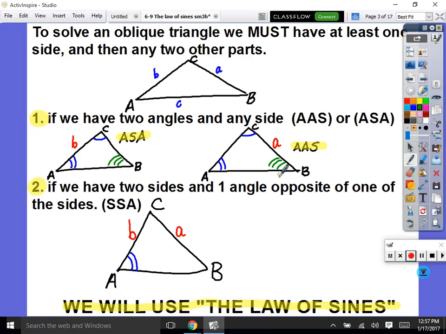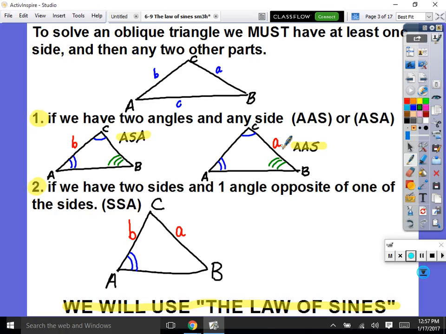Just notice, if I didn't put that green mark there, if we were given the blue and the red thing, that would be in the order of angle, side, angle. But the rule is, if you're given two angles and any side, you can use the law of sines. Now, just a note, this is angle, angle, side. Doesn't really matter. Two angles and a side, you can use the law of sines.